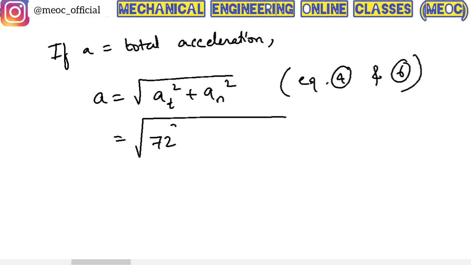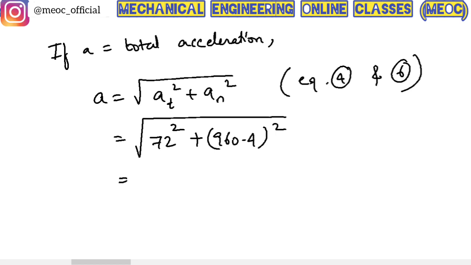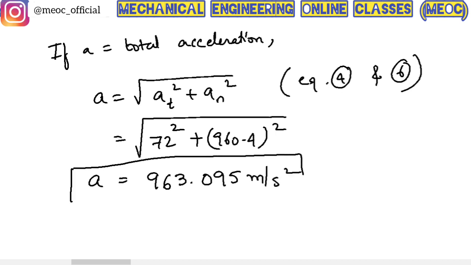So it is root over 72 square plus an, which is 960.4, squared. On using the calculator, I obtained the value of a as 963.095 meter per second square. So we have found the acceleration using the natural coordinate system.